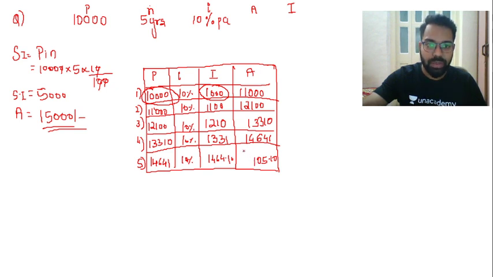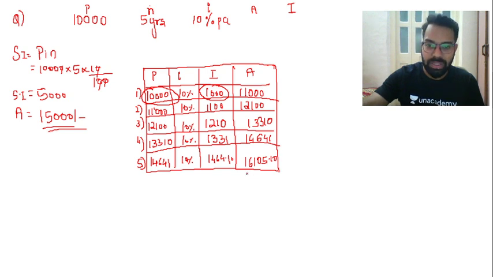The 1 carries. 1 plus 4 gives 5, and the carried 1 is 6. This is 1. So this is 16,105 rupees and 10 paisa is the final amount, and the total interest that you earn is the addition of all of these. So basically this is how compound interest is calculated.